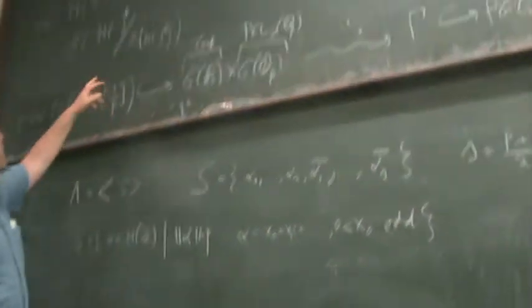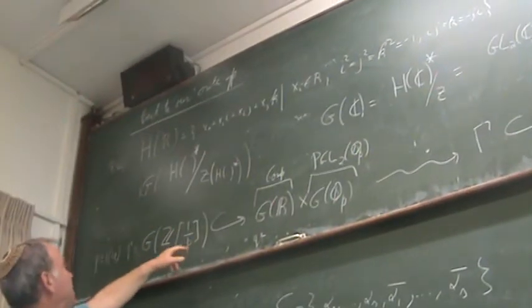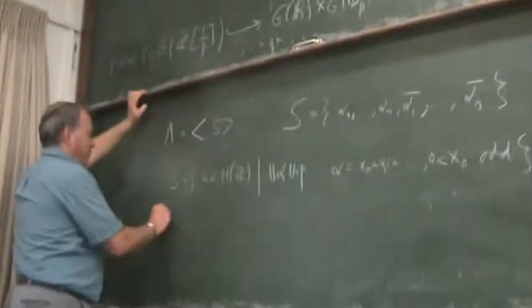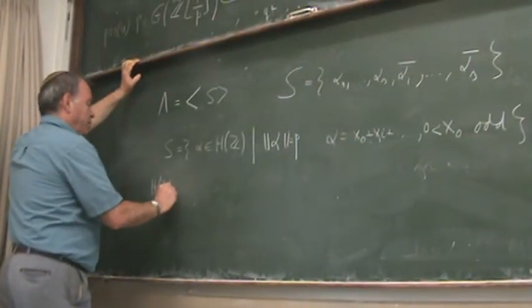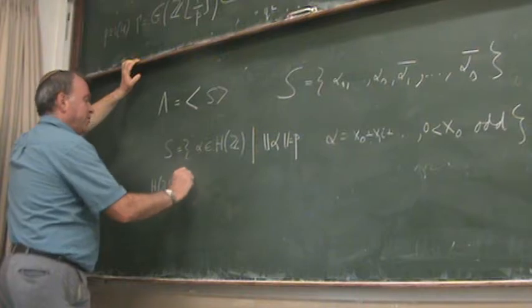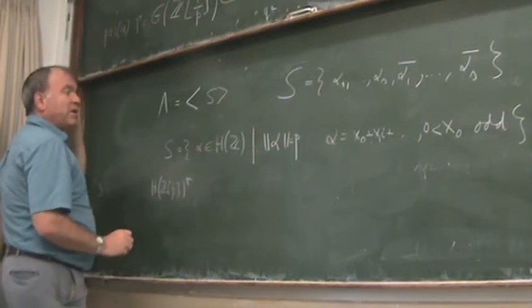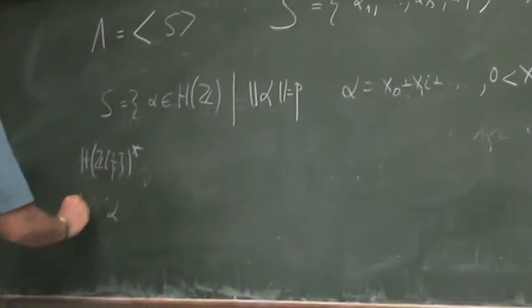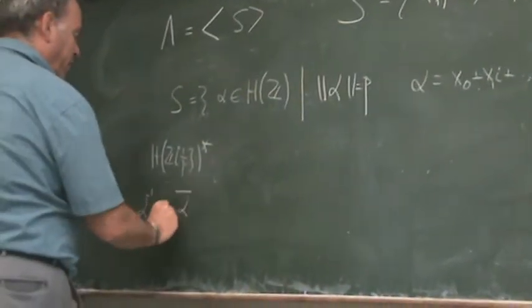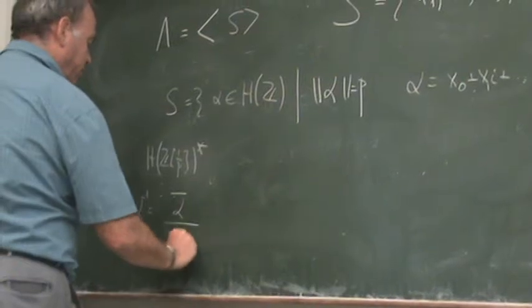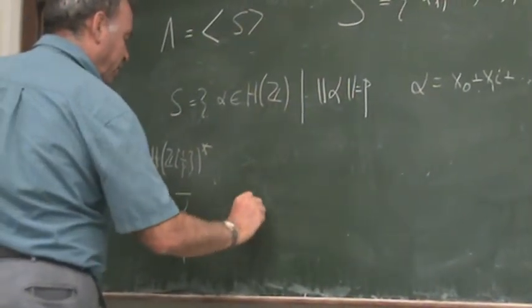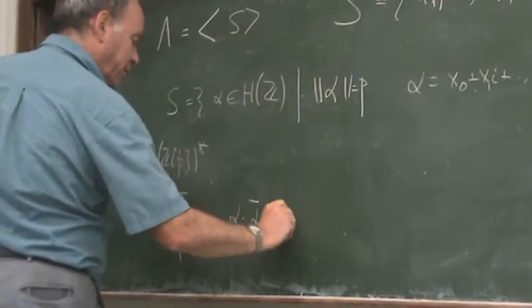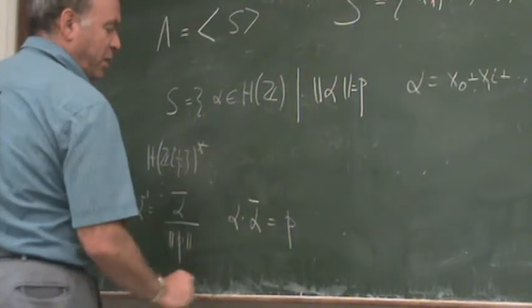It is an invertible element in H of Z[1/p]. And what's the inverse of such an alpha? The inverse, alpha to the minus 1, is really equal to alpha bar divided by the norm, divided by p, which means that alpha times alpha bar is equal to p.